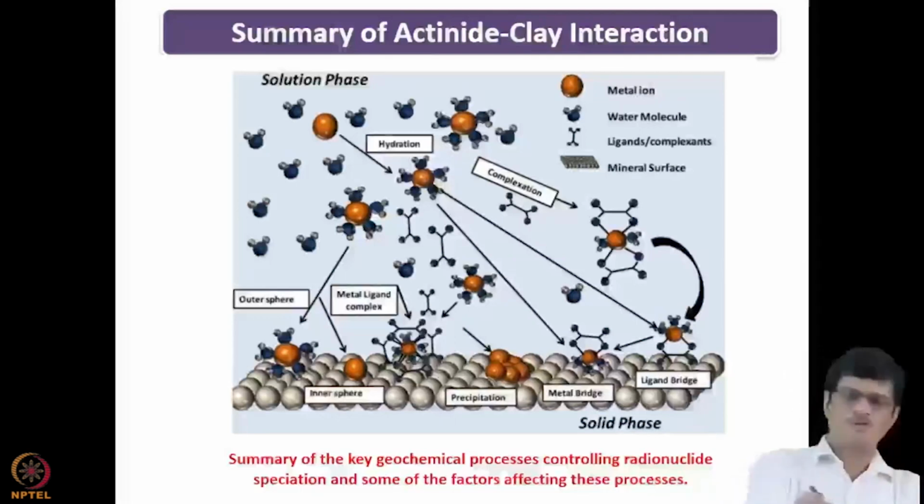This is called sorption, and desorption can also occur, where the radionuclide forms a complex with a ligand and comes out of the sorbed clay mineral. This desorption is determined by the pH value and the complexation constants. Once it forms, dissolution can also happen, and it comes again to the aquatic medium. There can be co-precipitation and there can be dissolution. In the presence of ligand, the complex can dissolve from the clay mineral, and that is how it becomes mobile.